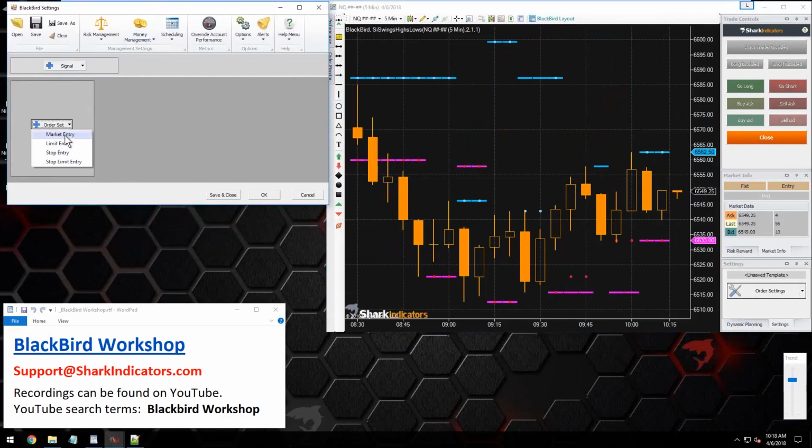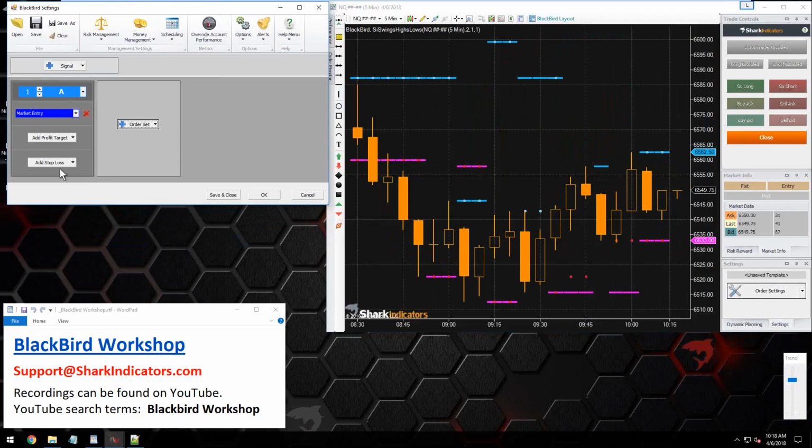So let's start making an order set here. The entry order doesn't really matter. The question's not about the profit target, so let's just jump straight down to the stop loss. The first thing we're going to have to do, and this is probably going to be common when using indicators to set your stop loss, is account for the fact that indicators aren't always in the correct location.